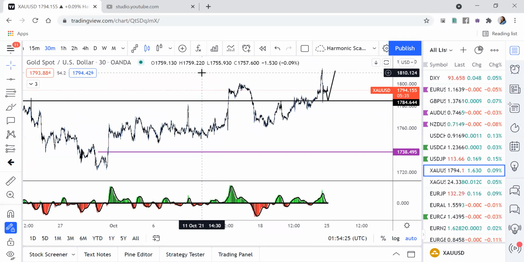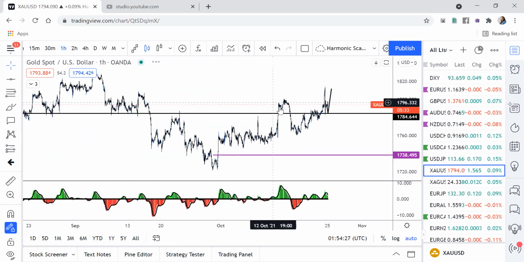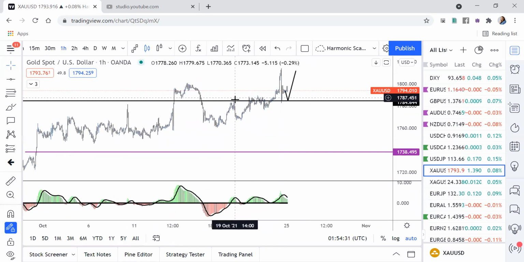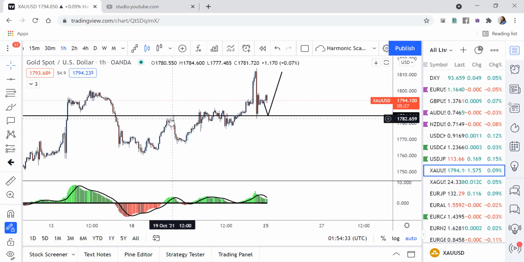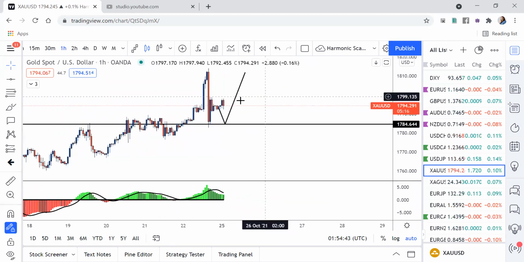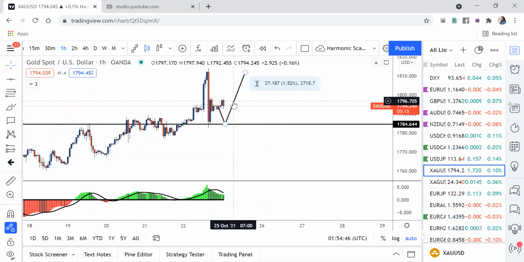But what I will say is that this was my last 1 hour high, and that high was taken out. Price broke that structure, retest, right? So I am probably looking at price coming back into this zone for a retest and then a continuation to the upside.